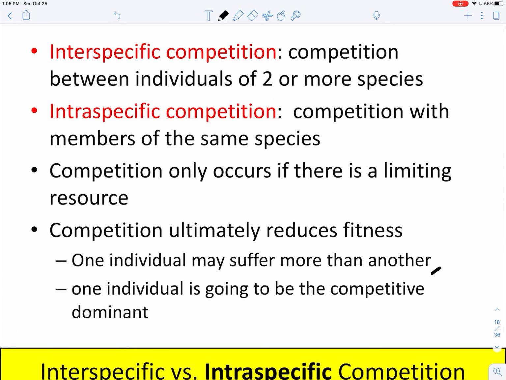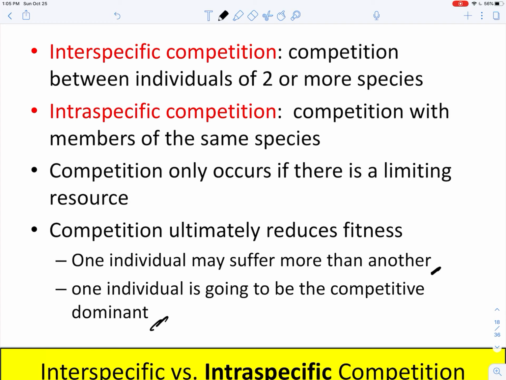So the way that this happens is that obviously one individual may suffer more than another through this competitive interaction. Although one individual is going to be the competitive dominant, that comes at some sort of cost, some sort of energetic cost that can reduce fitness ultimately. So this comes back to thinking about trade-offs for energy use and brings us back to the principle of allocation of energy.